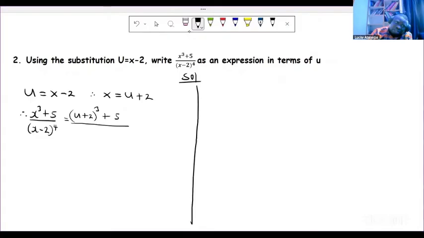Then x minus 2, we have said this is u, so this is u to the power of 4. So now we want to expand this.